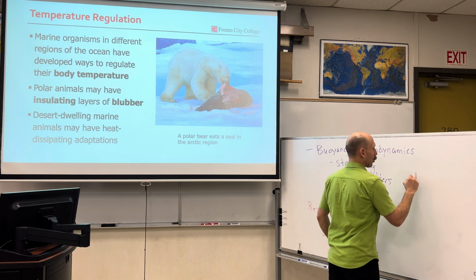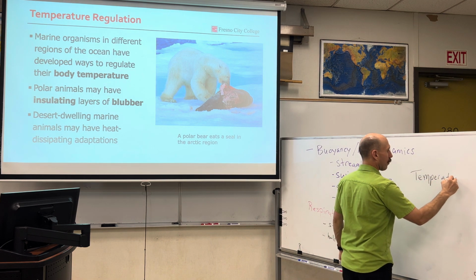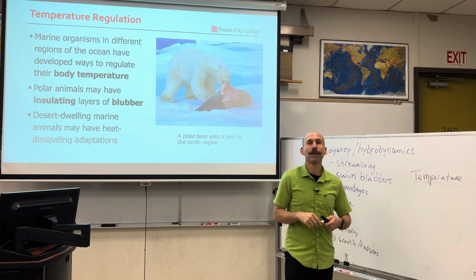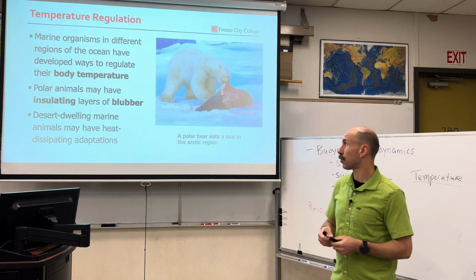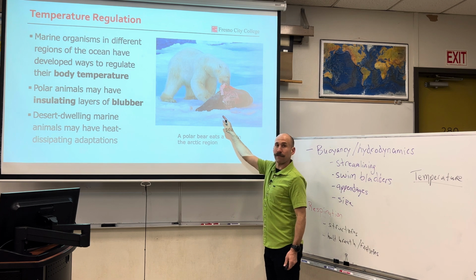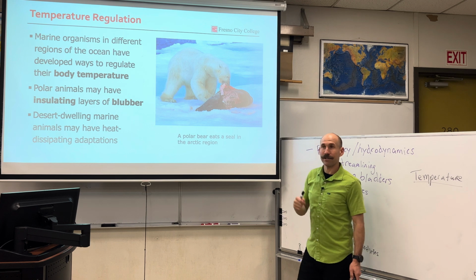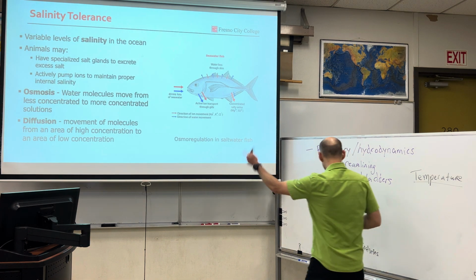So temperature can be adapted for where certain marine life lives. Whether it's in warm areas or cool areas, we have various adaptations to survive in those temperature regimes through various seasons and at various latitudes.